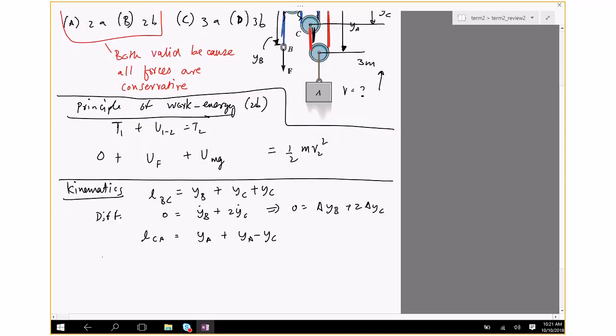So differentiate: 0 equals ya dot plus 2ya dot minus yc dot. I can write that by eliminating the delta t in the denominator as 2 delta ya minus delta yc.